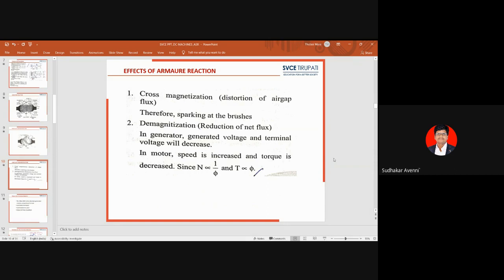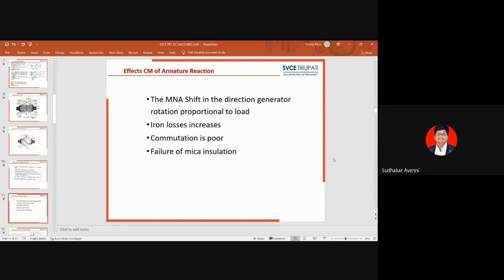In a motor, speed increases and torque decreases. Very, very important. The MNA shifts in the direction of generator rotation, proportional to the load. Iron loss also increases, commutation is poor, and the mica insulation fails.